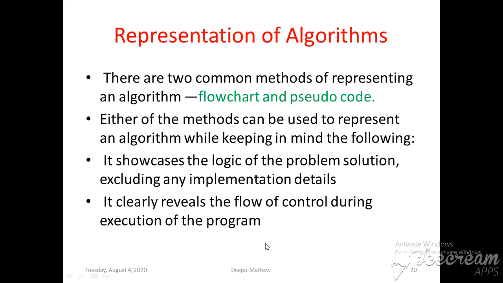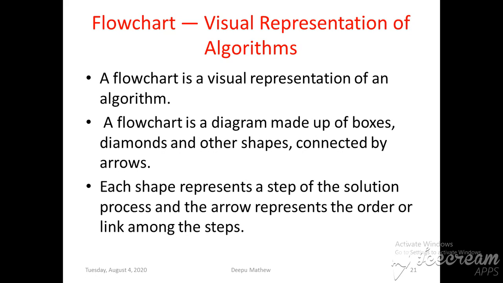In the case of both methods, it just specifies the logic of the problem excluding any implementation details, which means that we do not provide any information on how to implement this particular application. We just show the flow of execution only, so it clearly reveals the flow of control during the execution of a program.